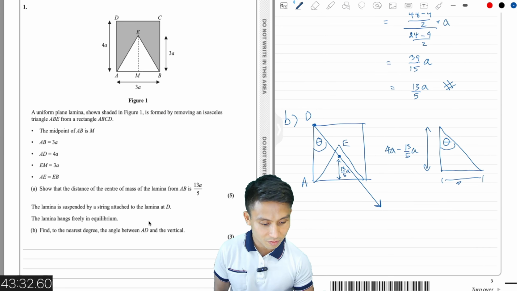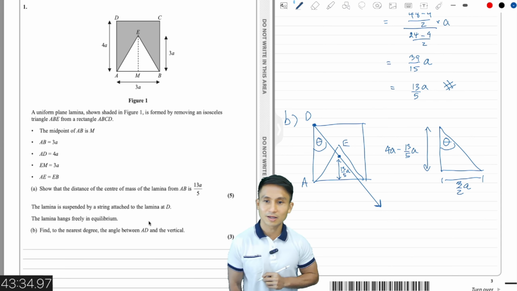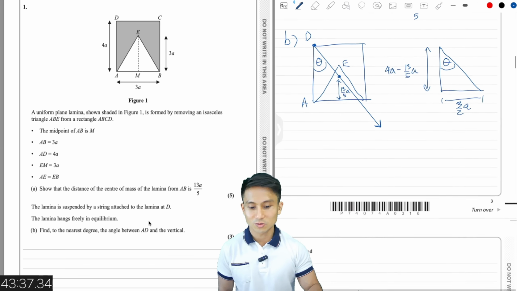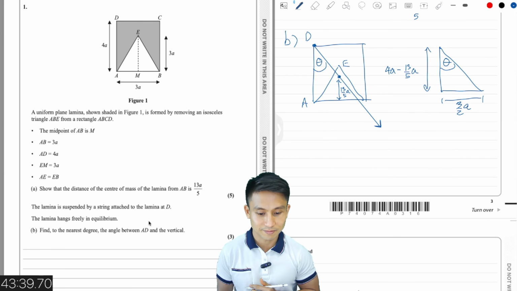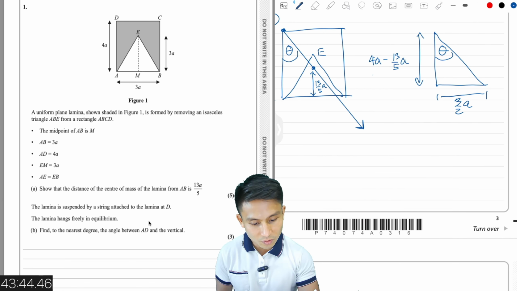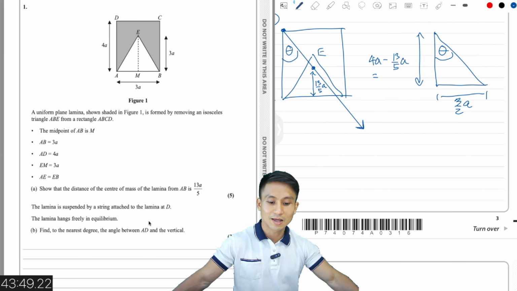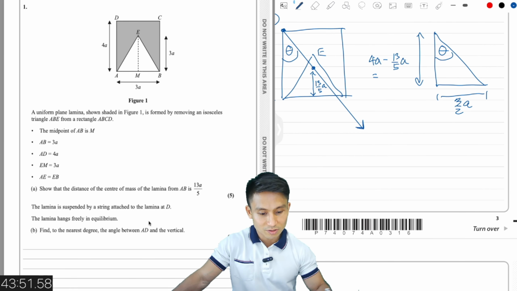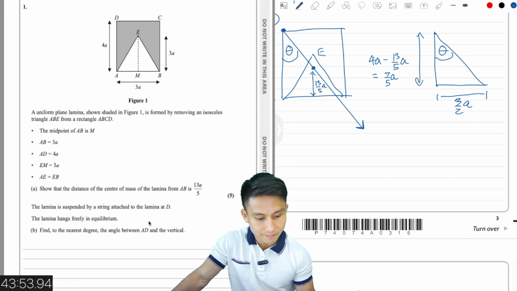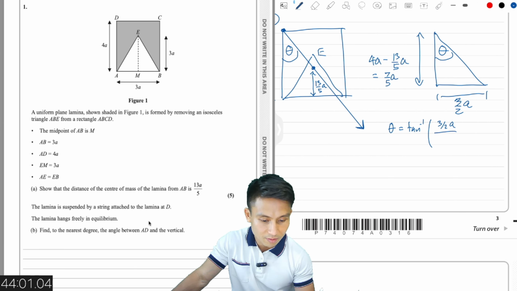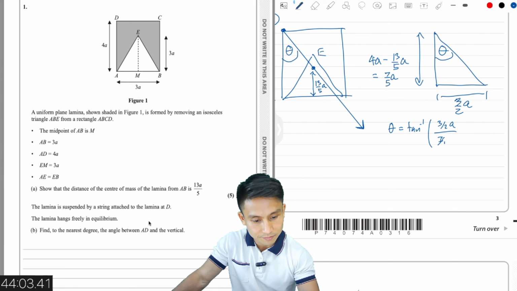So this is 3 over 2 A, right? And then we can find the arctan to get the angle there. So that's not too bad. Yep, that should be fine. So what is this actually? It's 4A minus 13 over 5 A, so that's 20 minus 13, which is 7, so 7 over 5 A, and then we do theta equals arctan of 3 over 2 A divided by 7 over 5 A, like that.